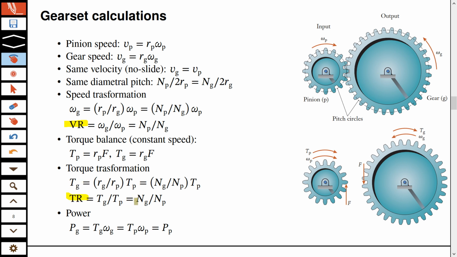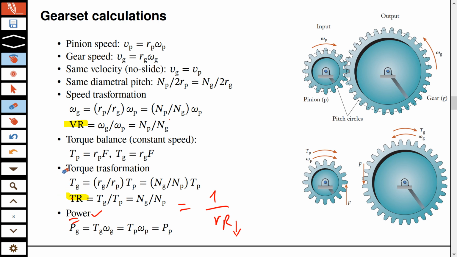One thing which you can understand from these two is that because TR is 1 over VR, it's the reciprocal, you can only increase one of these two because power does not change. If you increase the torque ratio between these two gears, the velocity ratio has to decrease.